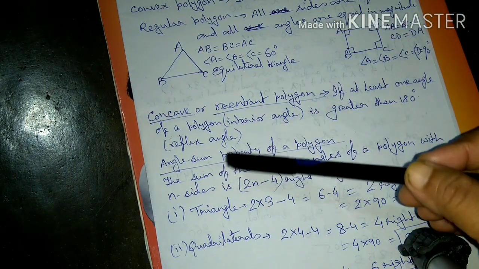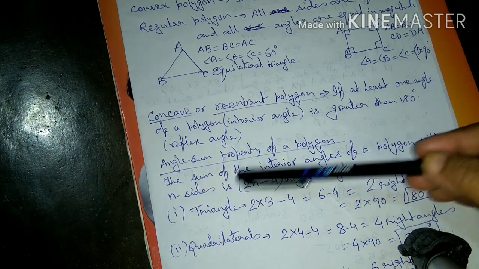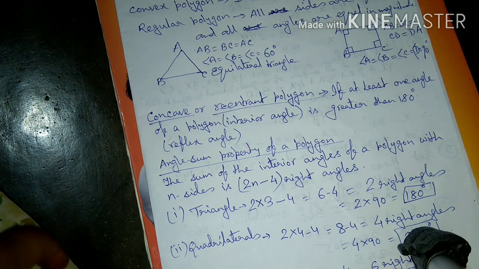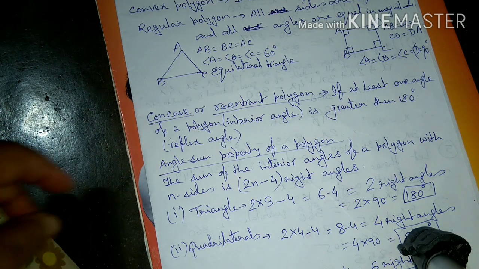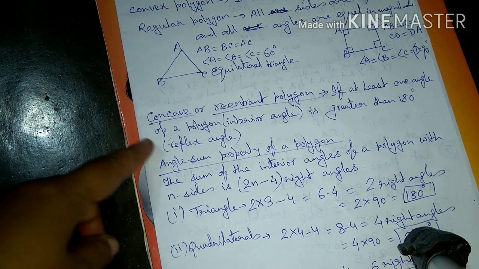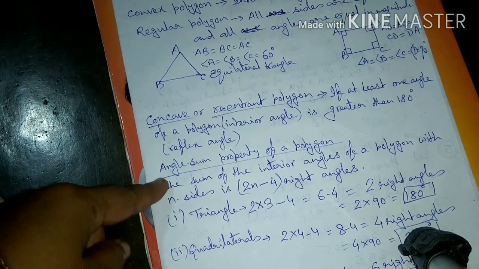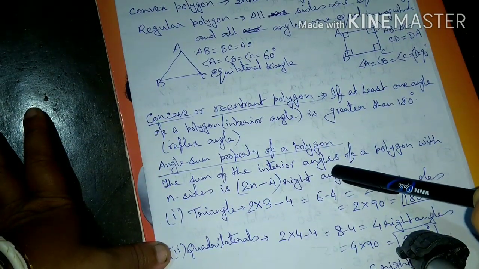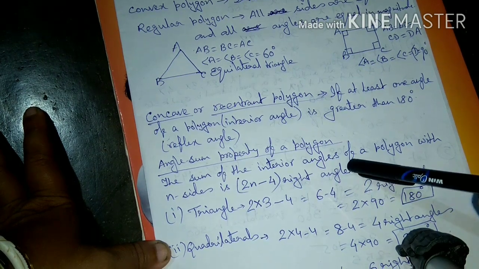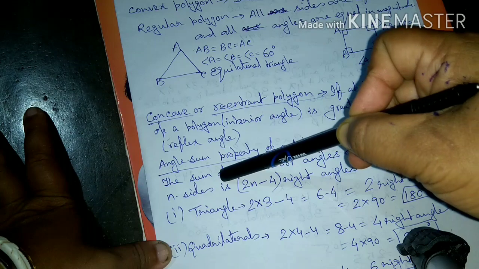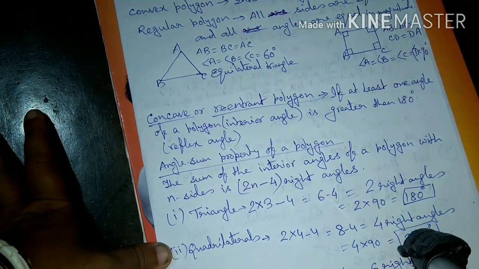Now comes the angle sum property of a polygon. Angle sum means sum of the angles. If there are n sides in a polygon, then what is the sum of the interior angles?